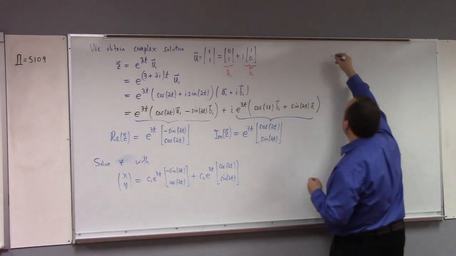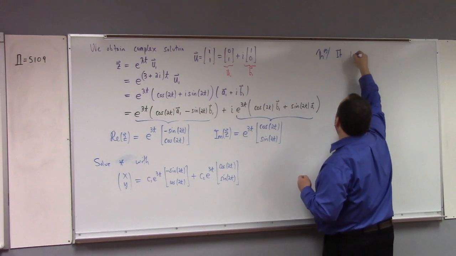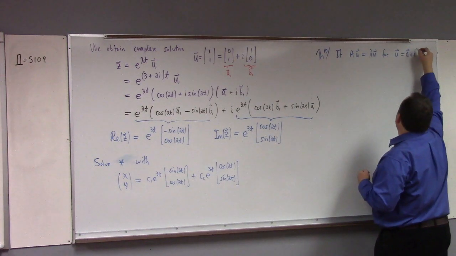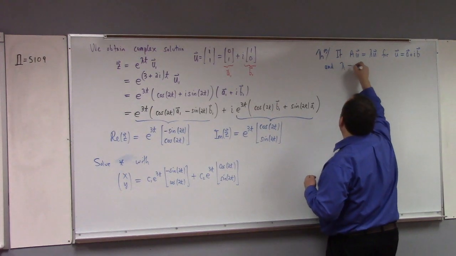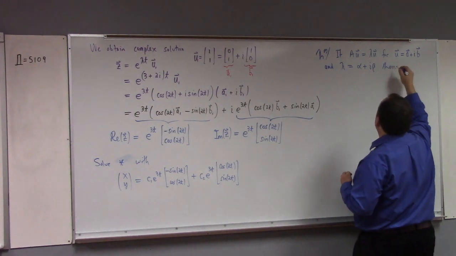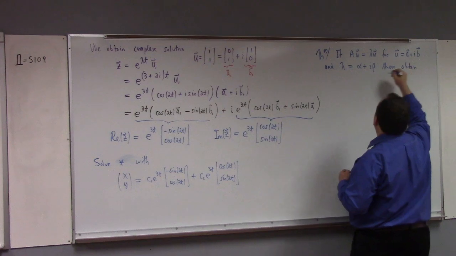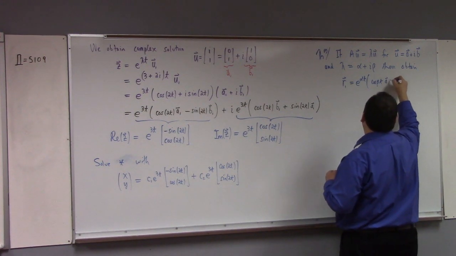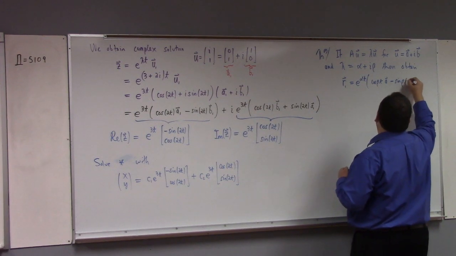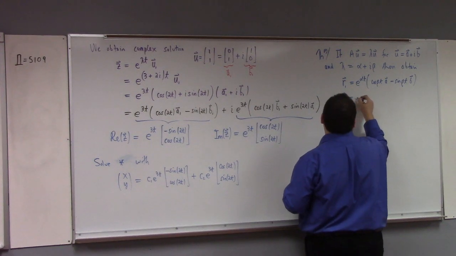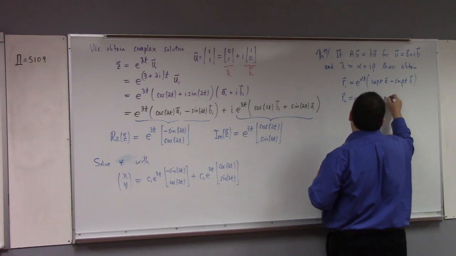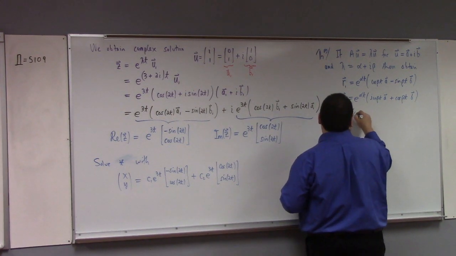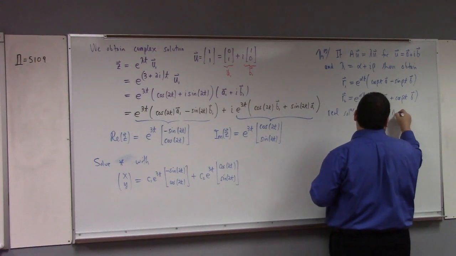So the takeaway message, the theorem, is this: if you have A u equals lambda u, for u equals a vector plus i b vector, with a and b real vectors, and lambda equals alpha plus i beta, then you obtain r1 equals e to the alpha t (cos beta t a vector minus sine beta t b vector), and r2 equals e to the alpha t (sine beta t a vector plus cos beta t b vector), real solutions of dr/dt equals Ar.